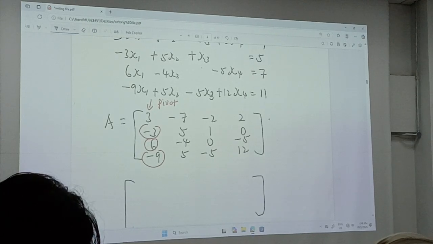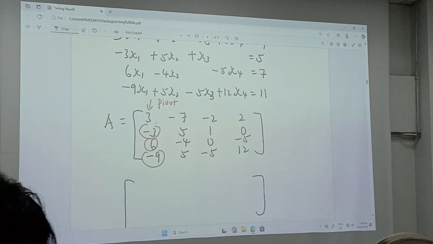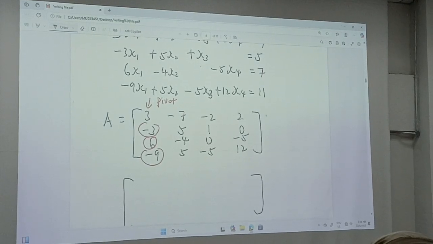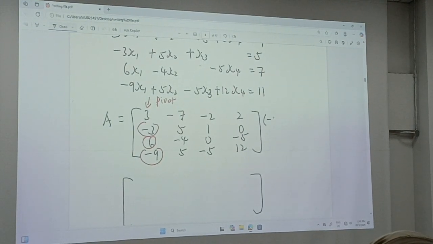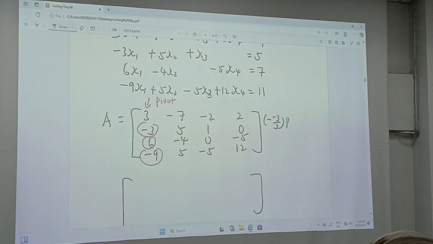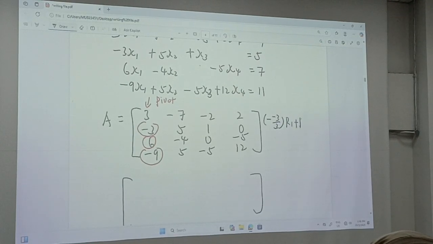First, use the same formula: negative elimination element over pivot, multiply with the pivot row R1 plus R2, produce a new R2. So negative 3 over 3, so here it will be R1 plus R2, right.